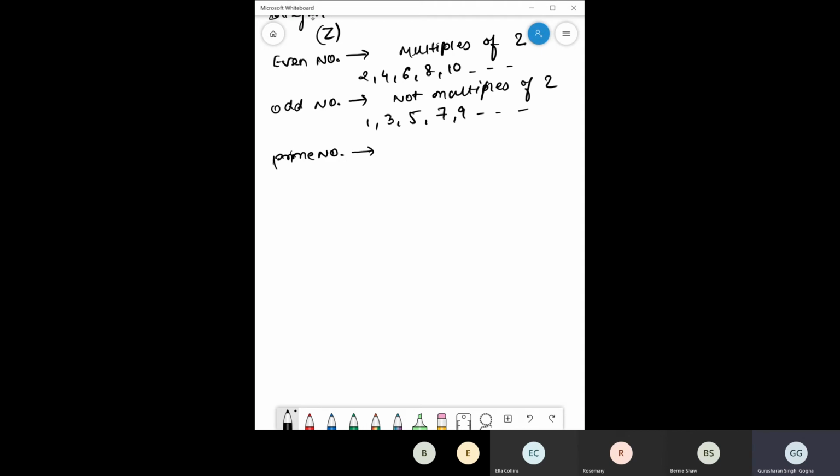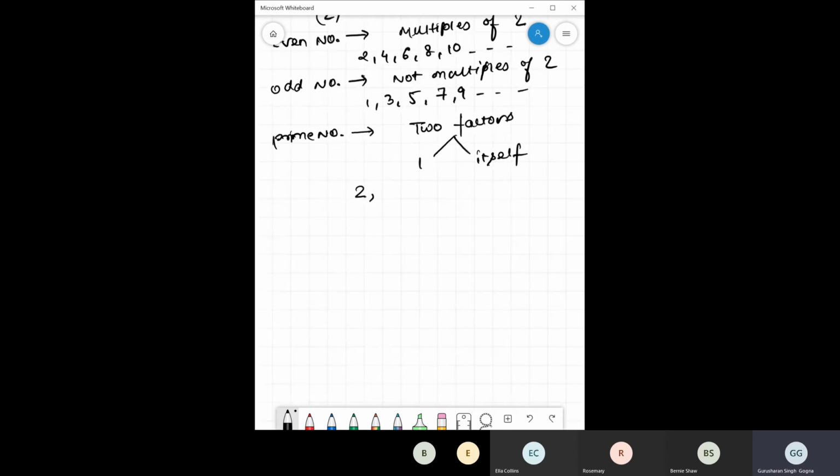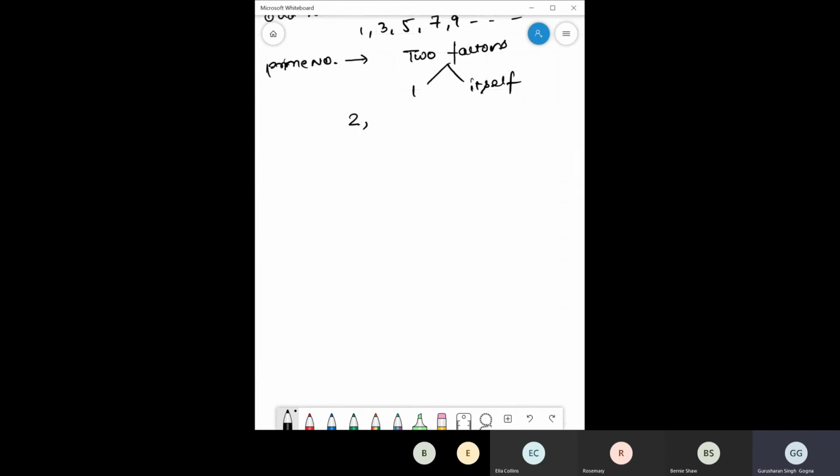Prime numbers are those numbers which have exactly 2 factors, 1 and the number itself. For example, the smallest prime number is 2 because 2 has only 2 factors, 1 and the number itself. Then 3, 5, 7, and then 11, 13. These are all prime numbers.